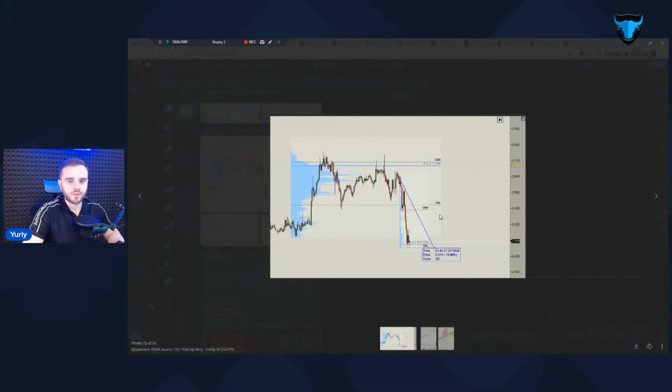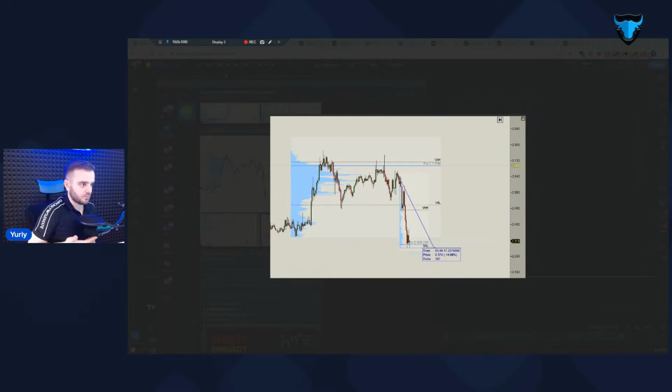Okay, I do not use VWAP alone. I never use VWAP alone. I never use one single indicator alone. I'll share an example with you.